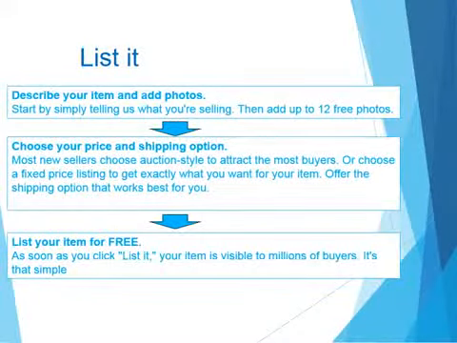After you list the item, it's free if you use it as an auction. It's not free each time you take a specific option, like "Buy It Now," or fulfillment by eBay, or having your ads shown at the top of the results.